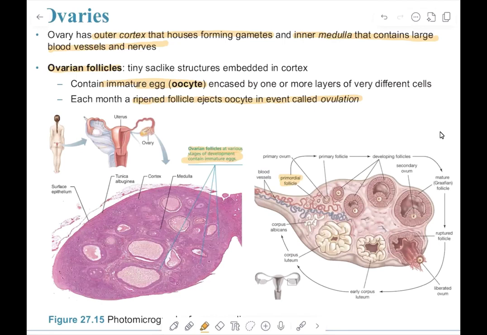It becomes a primary follicle. It further develops to eventually a mature Graafian follicle. As it's developing, it becomes a secondary follicle. And inside, housed within those follicular cells, is this oocyte.